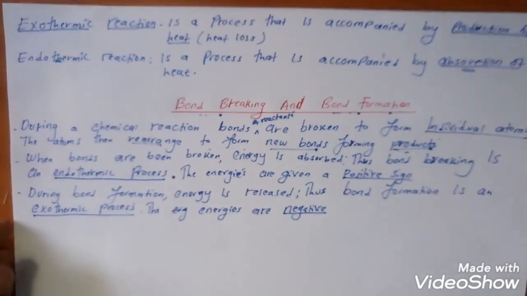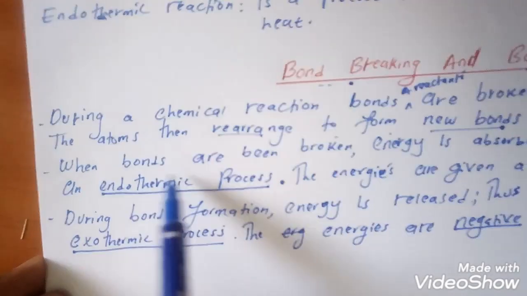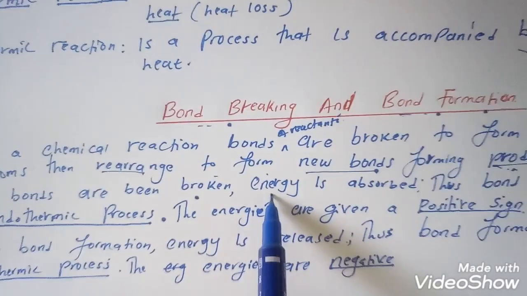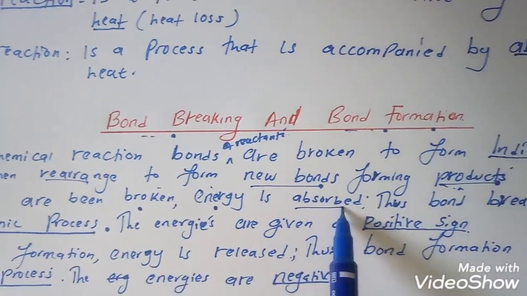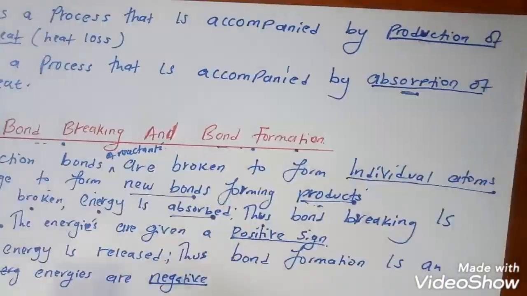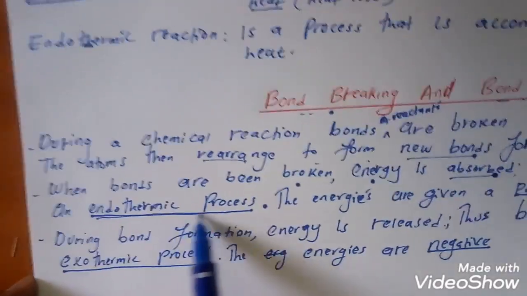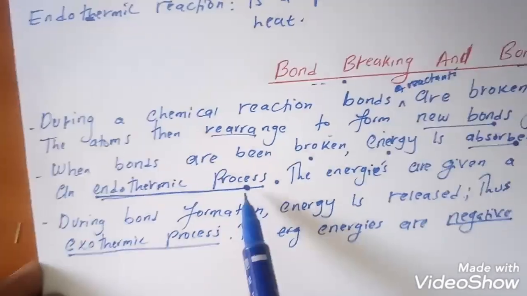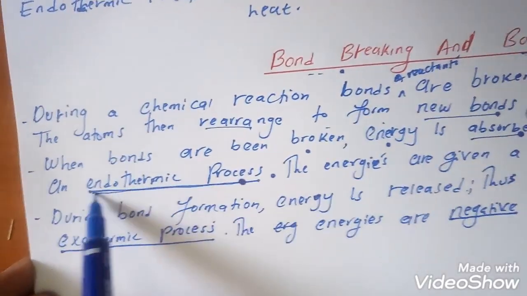A very important point that you're supposed to know is that when bonds are being broken, energy is absorbed. Thus, bond breaking is an endothermic process. Remember, we said that when energy is absorbed, the process is endothermic.